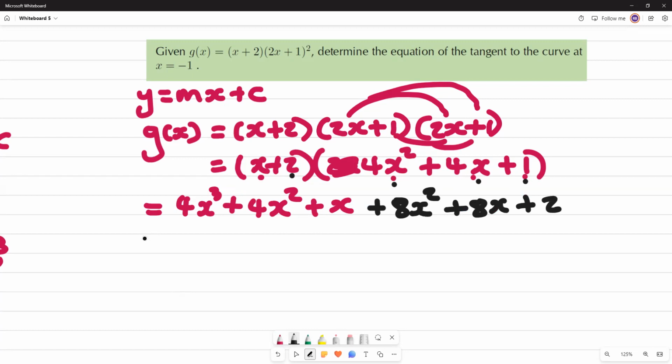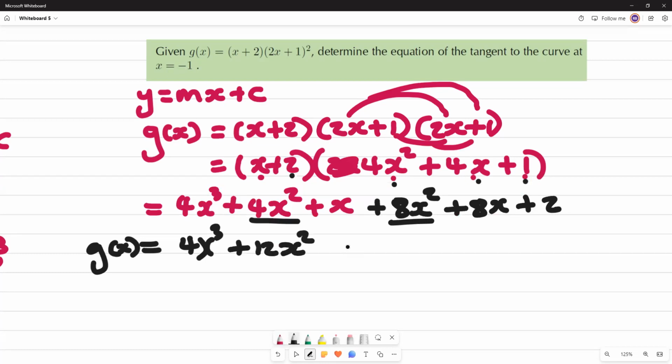Then now we can add like terms. This is still g of x, remember. We have 4x cubed. This one and that one go together, which gives us 12x squared. Then this one and that one go together, which gives us 9x, and then plus 2. So that is basically our g of x curve in simplest form.